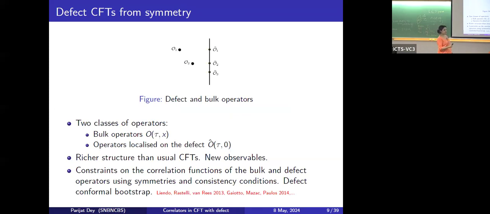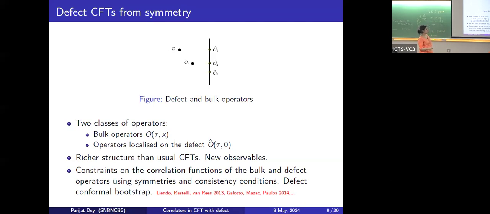So what are the operators that we can have in this setup? In conformal field theory, we usually talk about things in the language of local operators. With this defect, we can have two classes of operators. We have bulk operators, O, which live in the entire space-time, so they depend on both tau and x. We can also have operators on the defect.